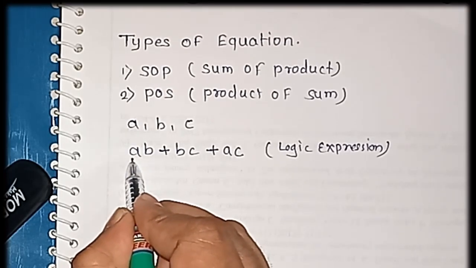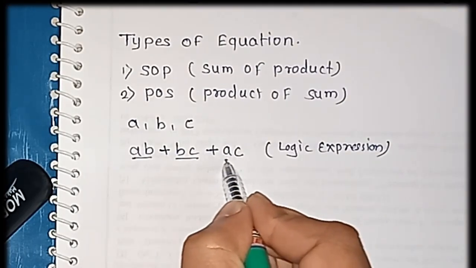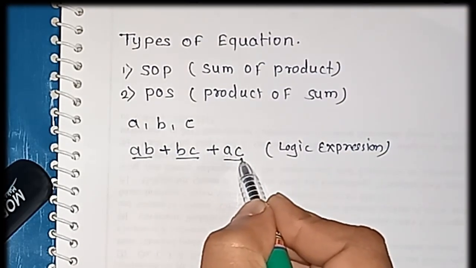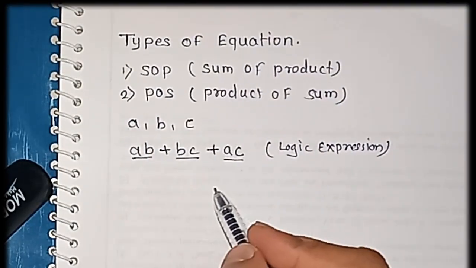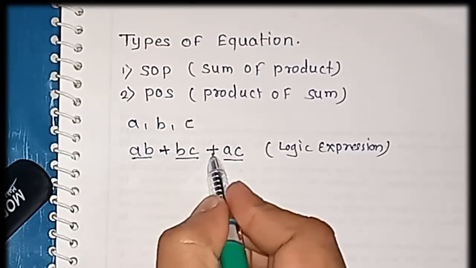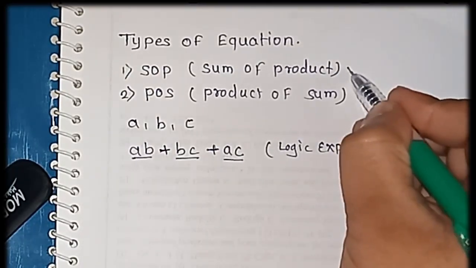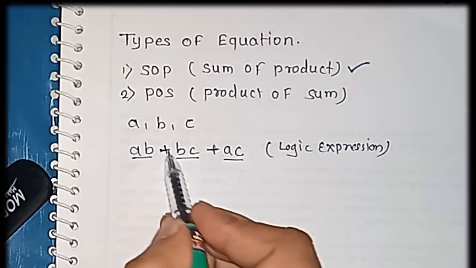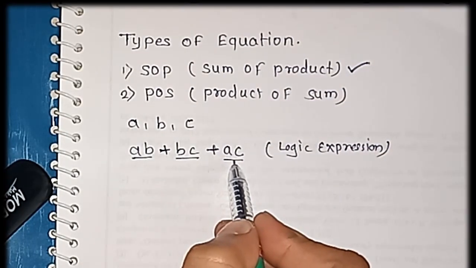A into b is a product term, b into c is also a product term, and the third product term is a into c. So this equation is in the form of sum of products. Here we have taken the sum of these product terms. So this equation is in sum of product form.